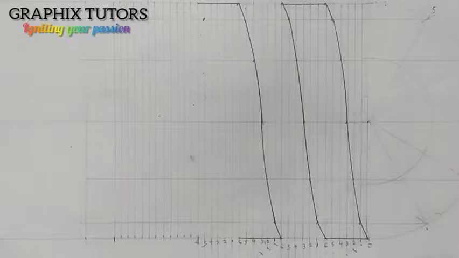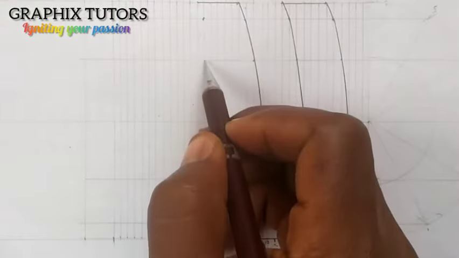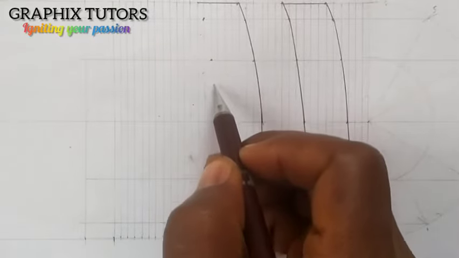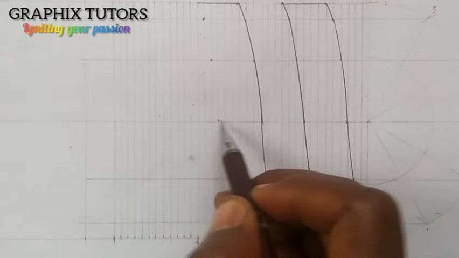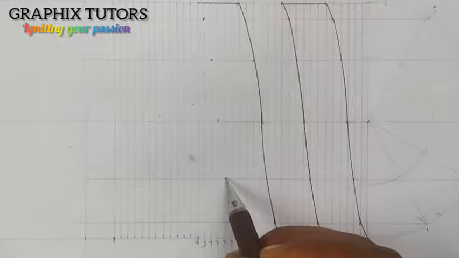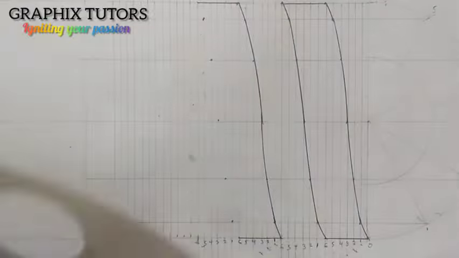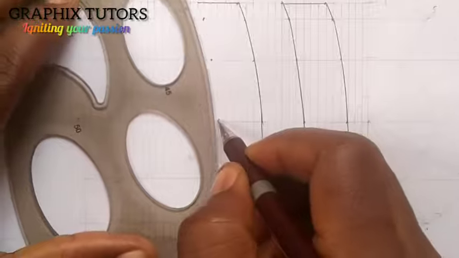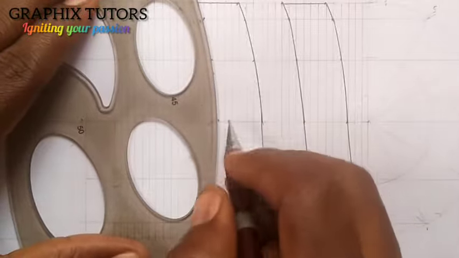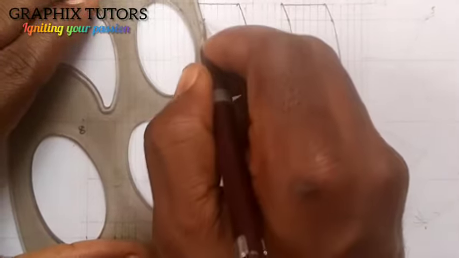So from here, the next line, then the next line, then the next line is decreasing, then the next line, and this. So use your French curve and you join them together.